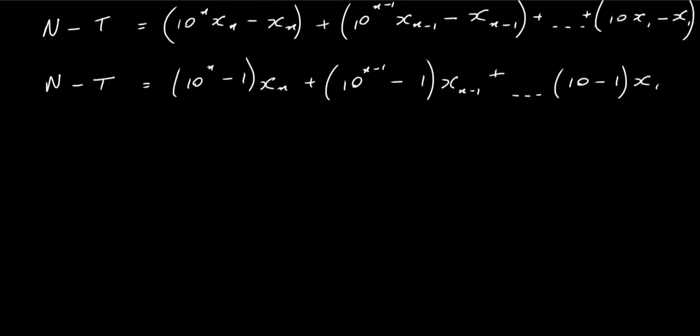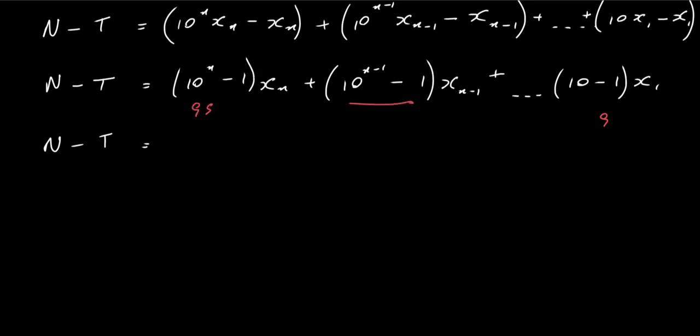Okay, so let's look at this number, our n minus t. How is that actually made up? Well, 10 minus 1 is just 9. Now if we start up along here, this is just going to be some power of 10, so it's 1 with a lot of zeros after it. If we subtract 1 from it, we'll just end up with a lot of 9s.